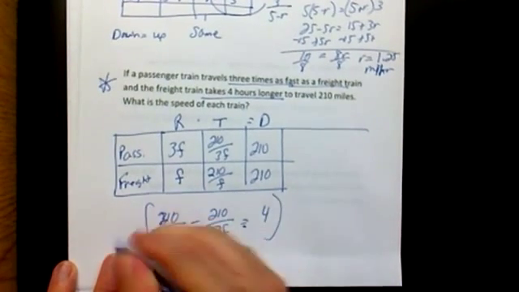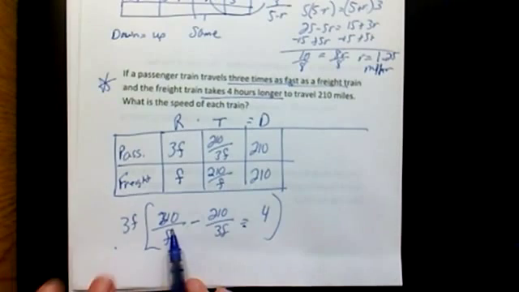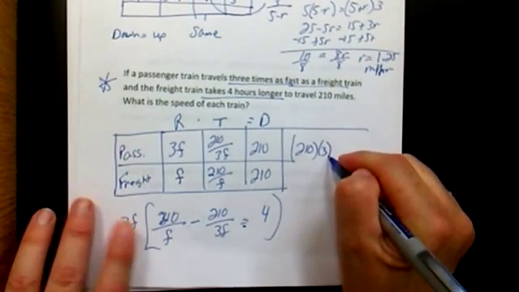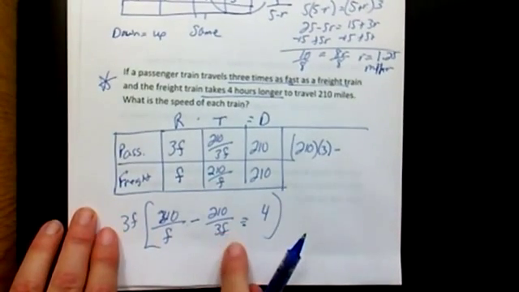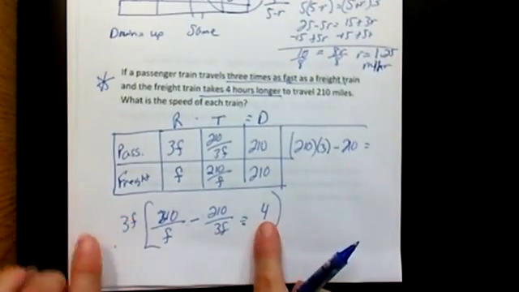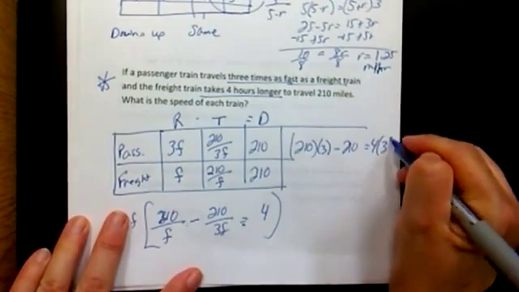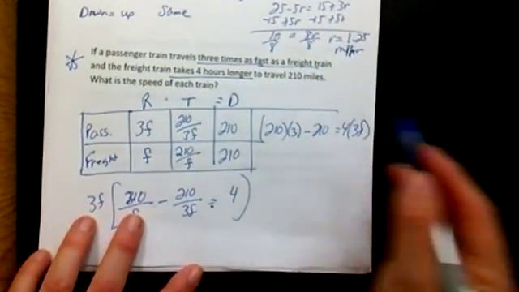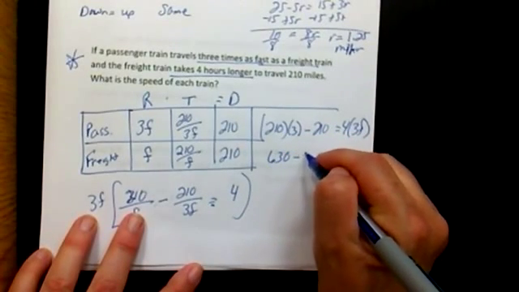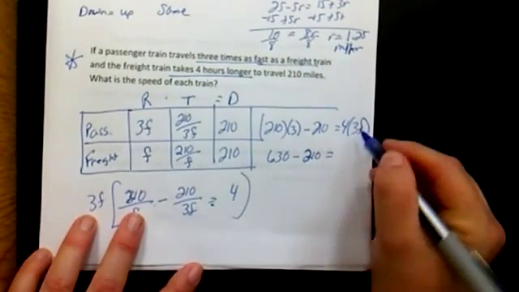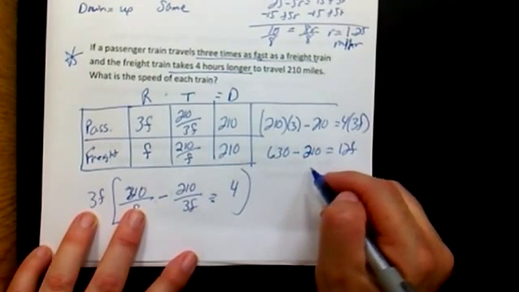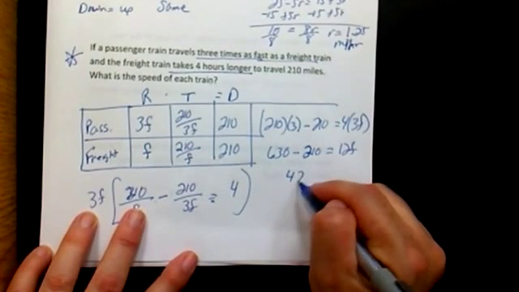So I would come up with my LCD of 3f. So f goes in there 3 times. So I have 210 times 3 minus 3f, and 3f, it's gone, minus 210 is equal to 4 times 3f. And so when I solve this, I end up with 630 minus 210 is equal to 12f. 630 minus 210 is going to be 420.